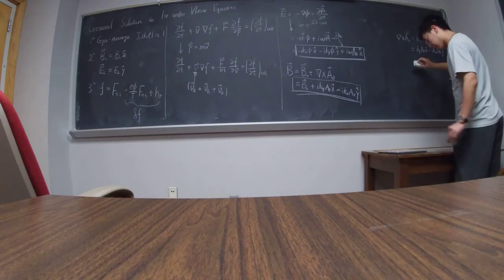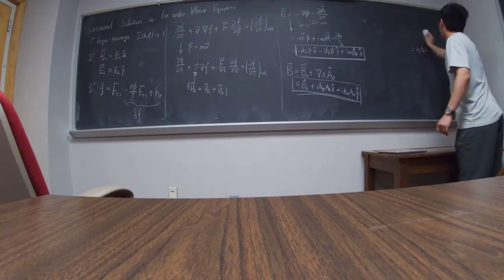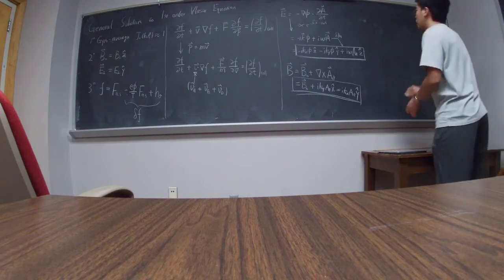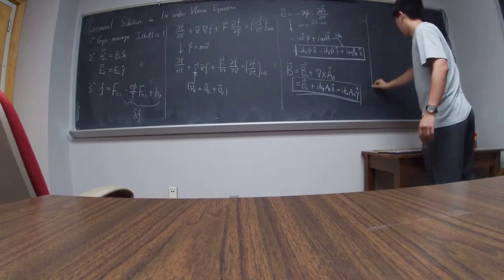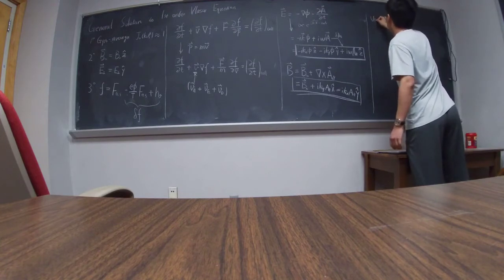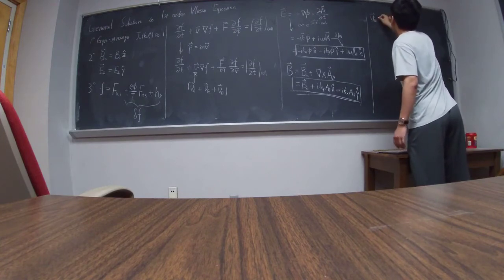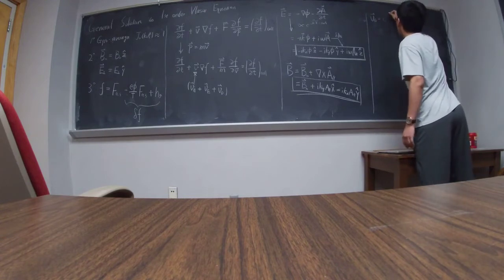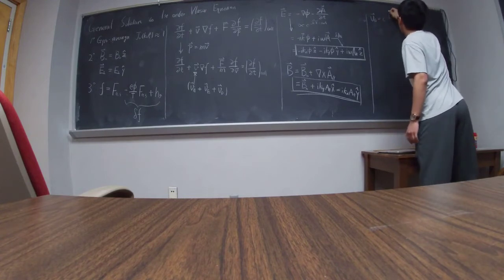So after all that, let's study the drift velocity. First start with the E cross B drift.